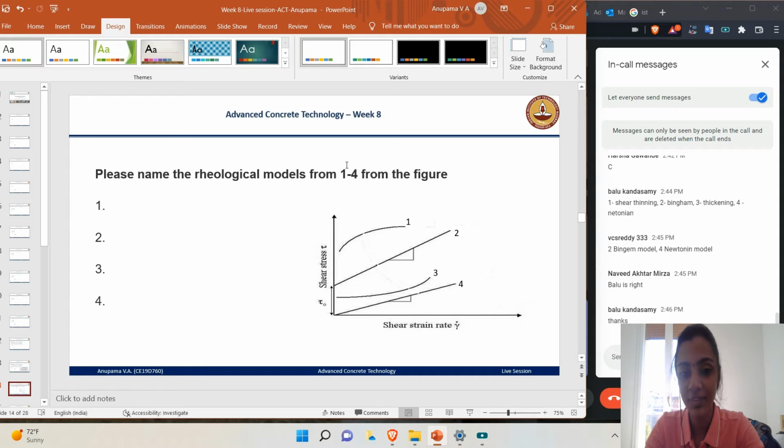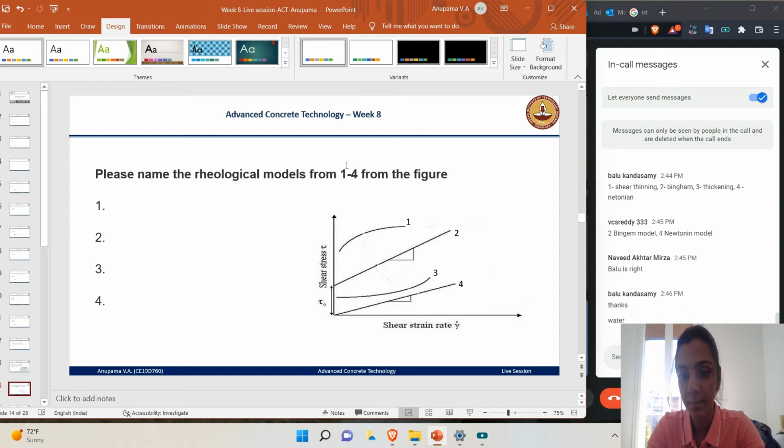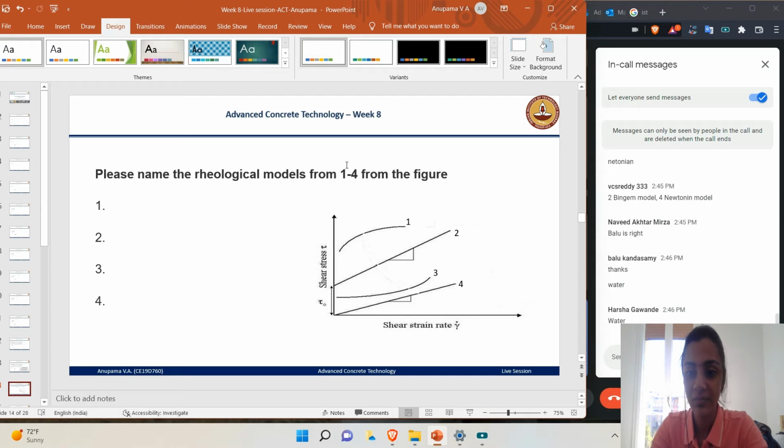So, can someone give an example for a Newtonian fluid? Anyone? Okay, water, yes. Water is a Newtonian fluid. What about shear thickening?